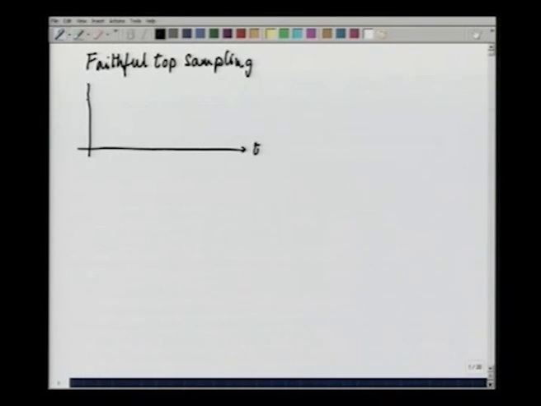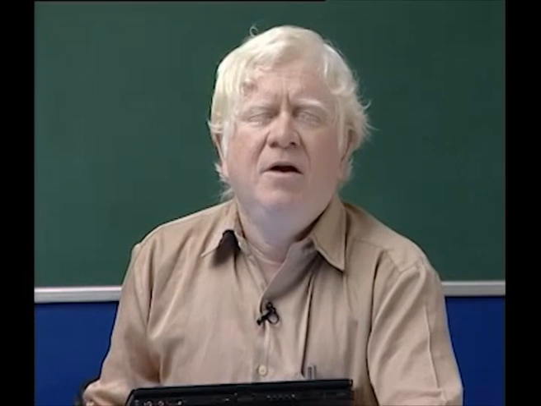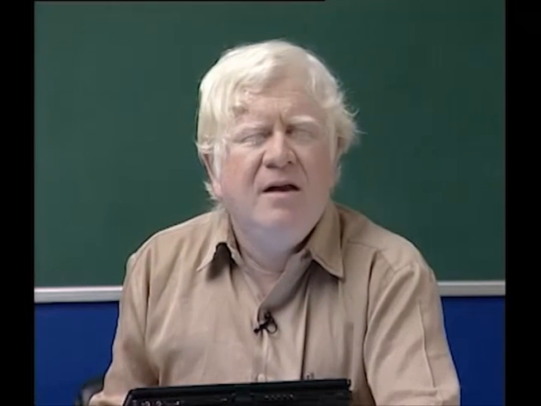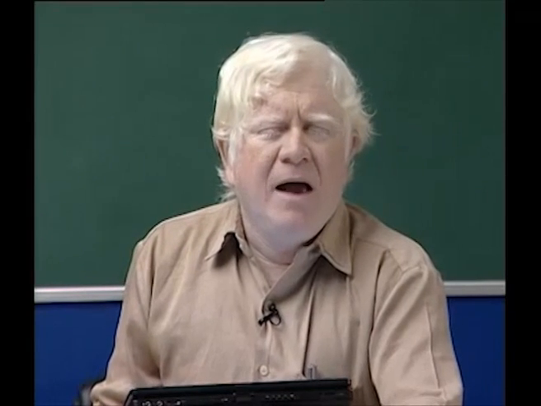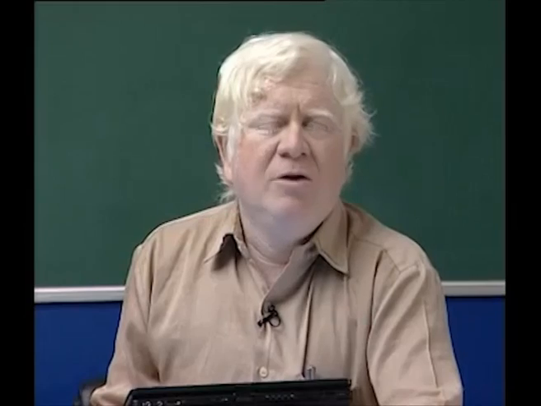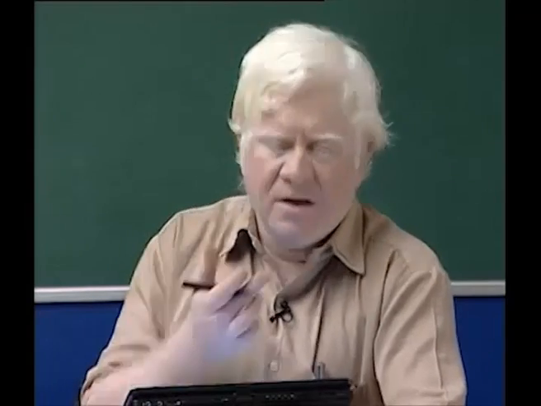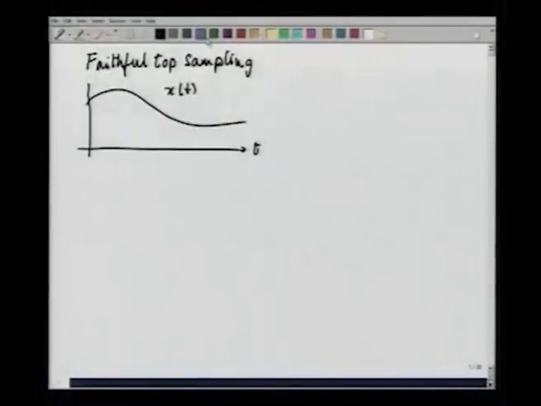Let me demonstrate with a figure. Let x t be as usual something of that shape. So, this is x t. Now, we want to have a sample train that consists of non-ideal pulses, that is to say rectangular pulses, but these pulses will be exactly equal to the values of x t at the points where they occur. Let me show what that means.